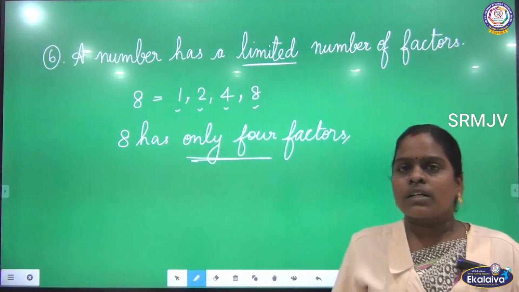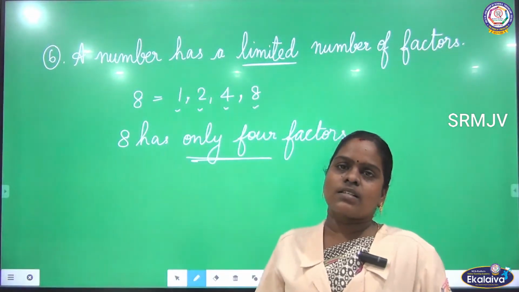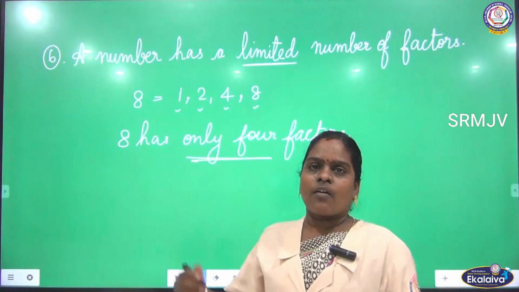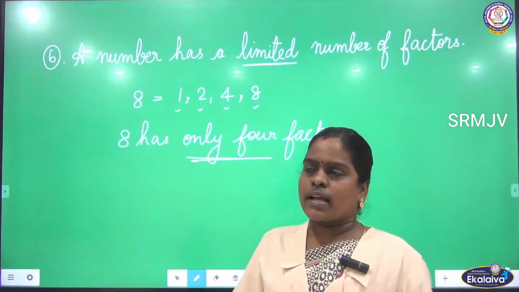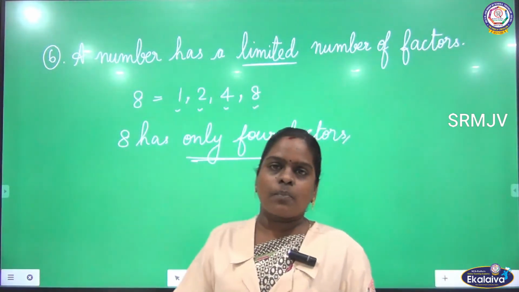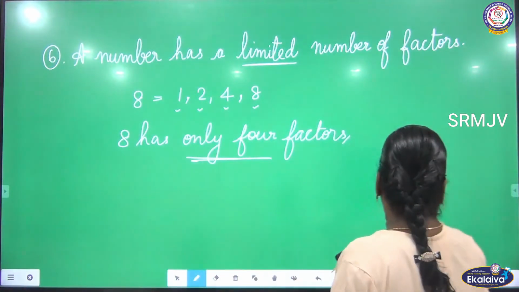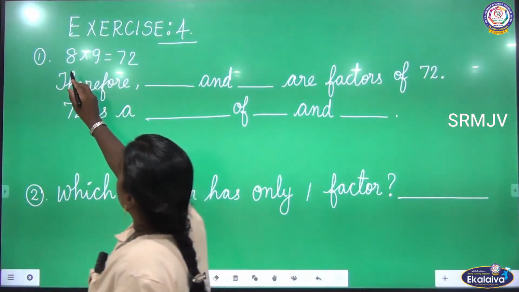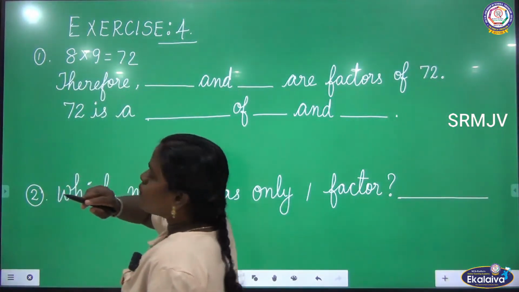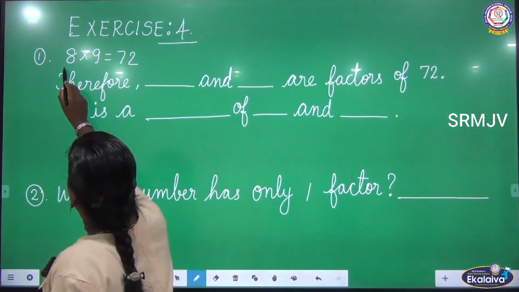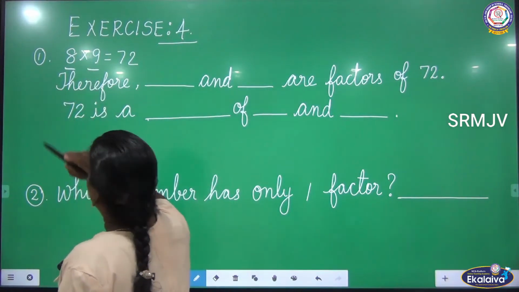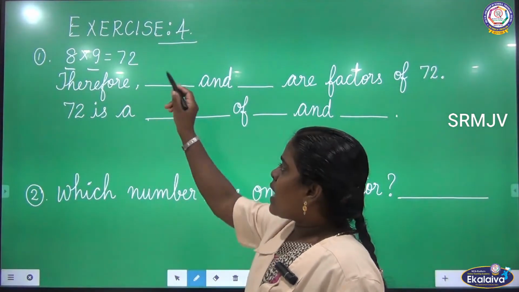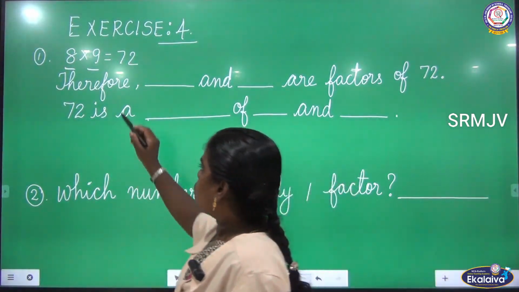So we have learnt about the properties of factors till now, and now we will enter into the fourth exercise. It is based on the properties of factors. First question, 8 9s are 72. Listen, children, here they are multiplying the numbers 8 and 9 and they are getting the product 72.